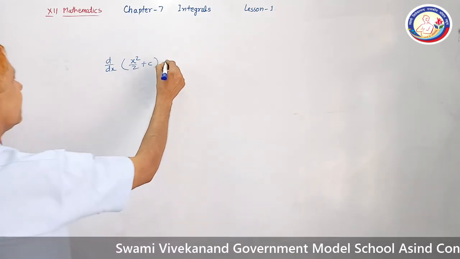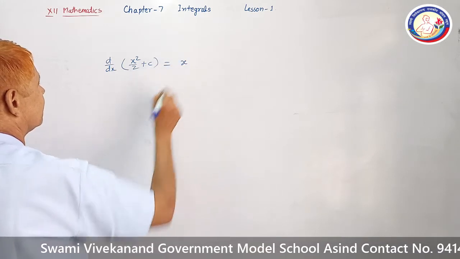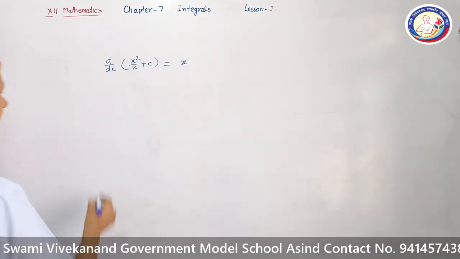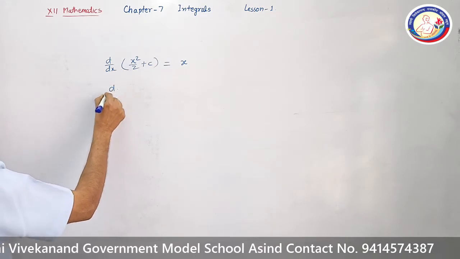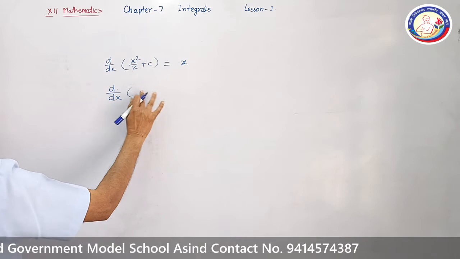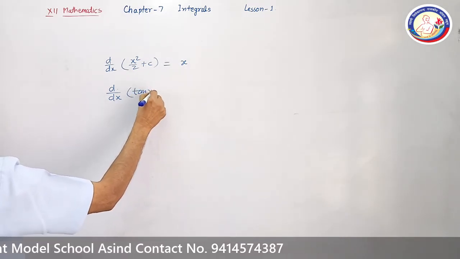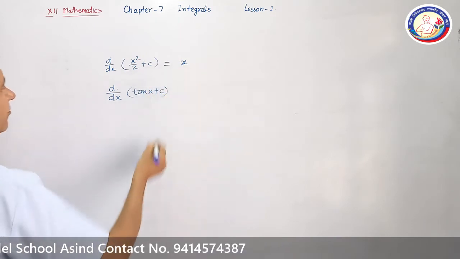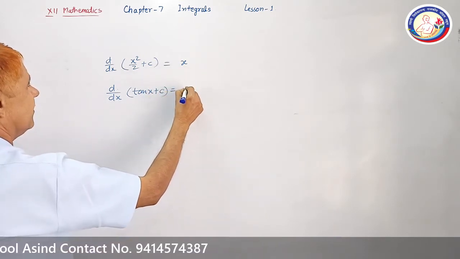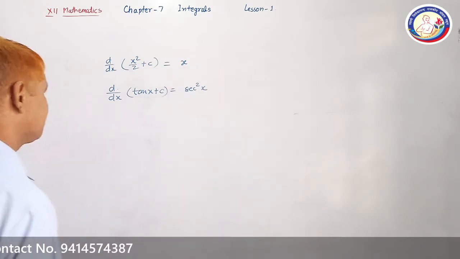If we differentiate this, then again we obtain x. Again, derivative of tangent x plus c, where c is a constant, is sec square x plus 0, that is sec square x.